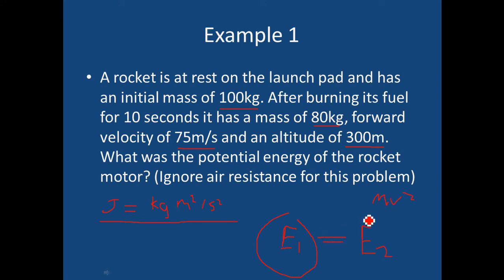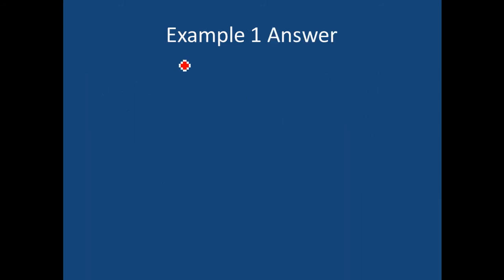Now, after it has burned its fuel, what kinds of energy does it have? It has forward velocity, it has height, so basically it has kinetic and gravitational potential energy. Let's calculate this out.